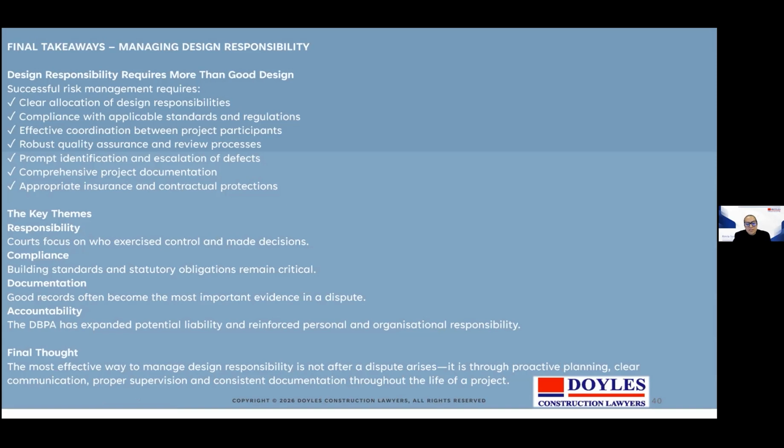The best protection against future claims is good project governance, effective communication, compliance with standards, and comprehensive record keeping. By focusing on these fundamentals, project participants can significantly reduce their legal risk and ultimately their commercial risk.